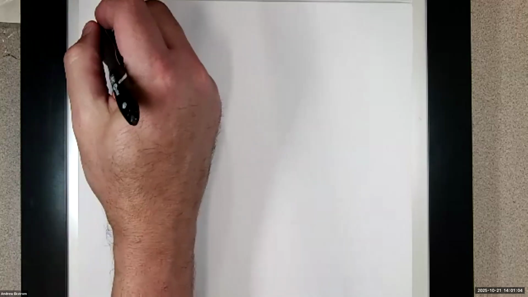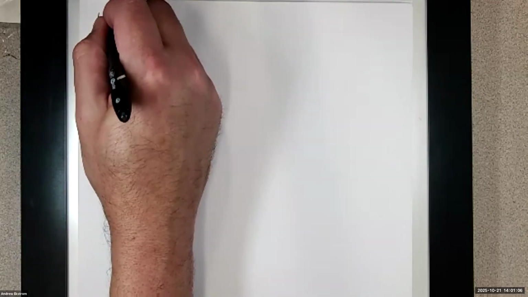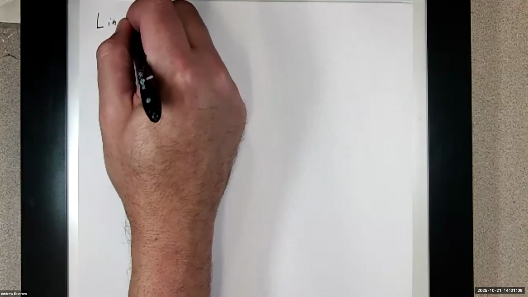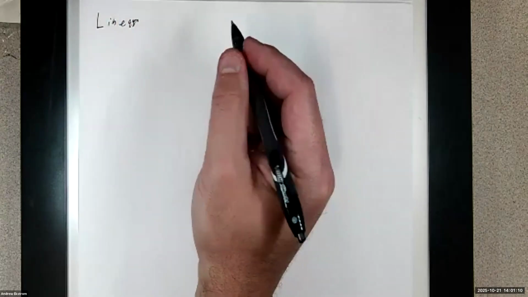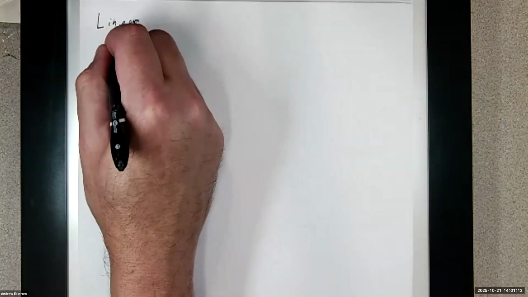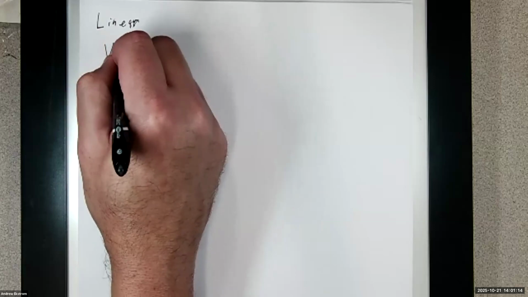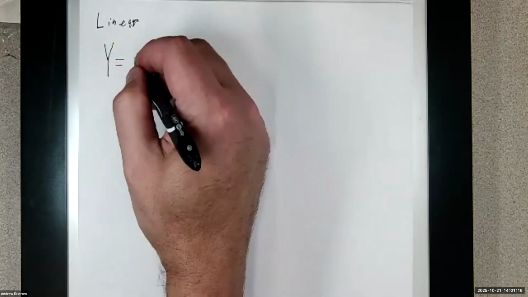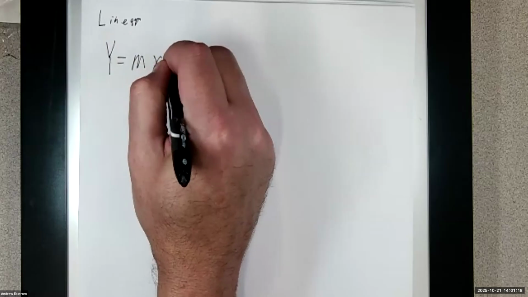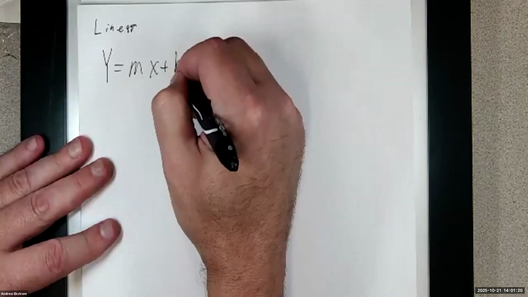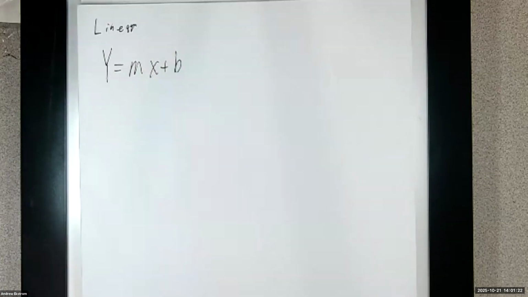A couple of the things that happen when we're dealing with a regression model, especially if we're dealing with one that we call linear, we're going to have y and essentially be starting off with y equals mx plus b.